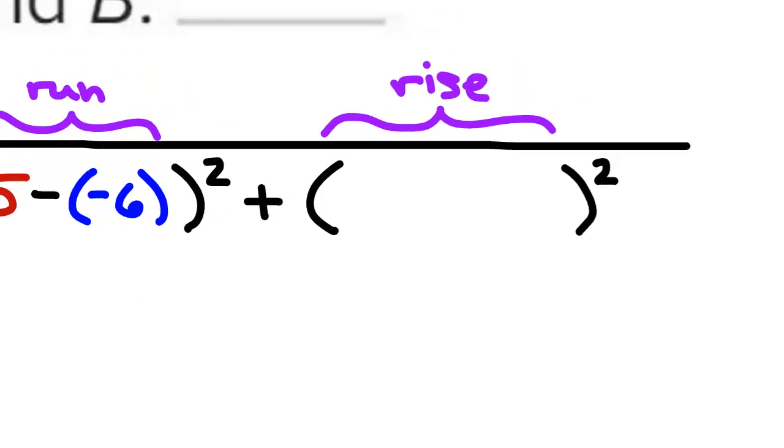Second set of parentheses, I want y2. What is y2? 9. y2, 9, minus y1. What's my y1? -4. So inside parentheses, -4.